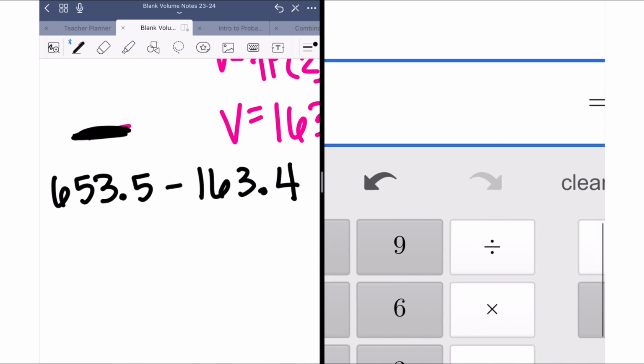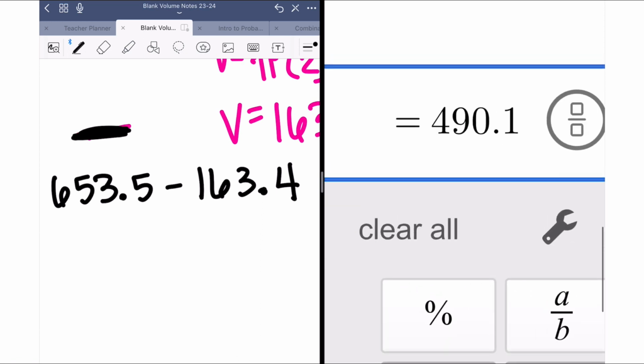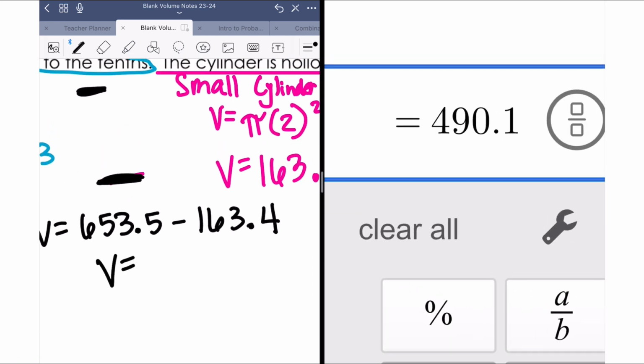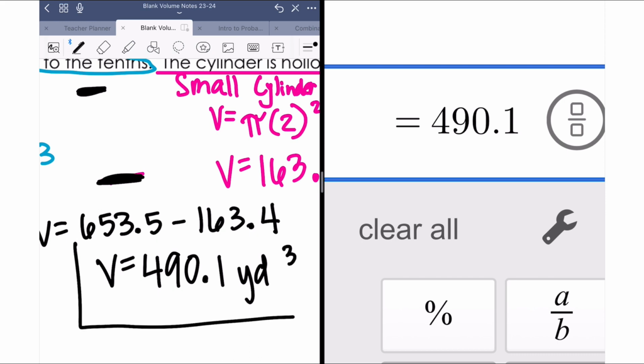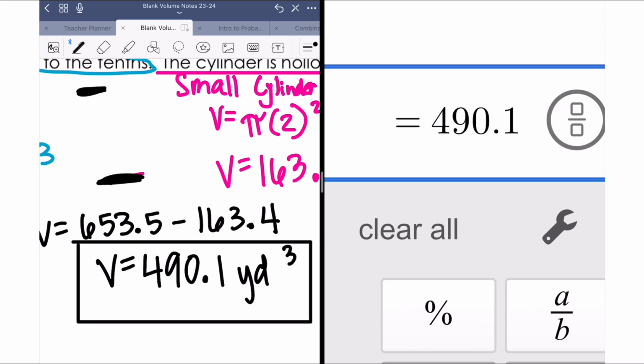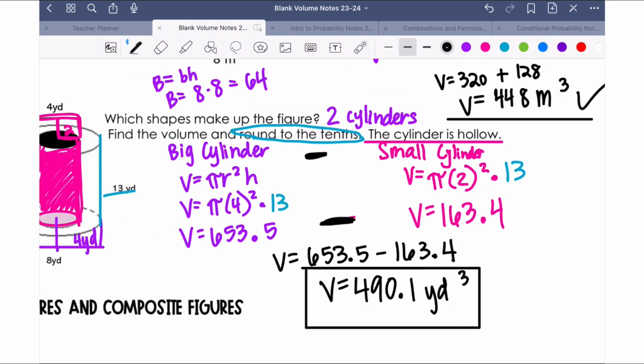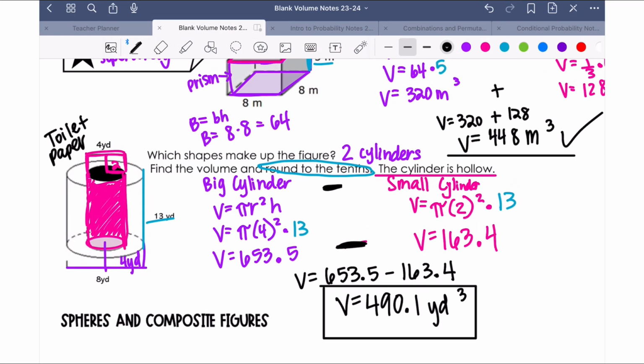Okay, so we subtracted it because the cylinder inside is hollow. So our total volume for this toilet paper roll is 490.1 yards cubed. That's a big toilet paper roll. Okay. All right, so remember, you got to figure out the two shapes and either add or subtract.